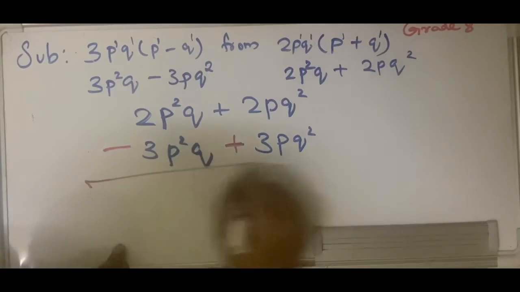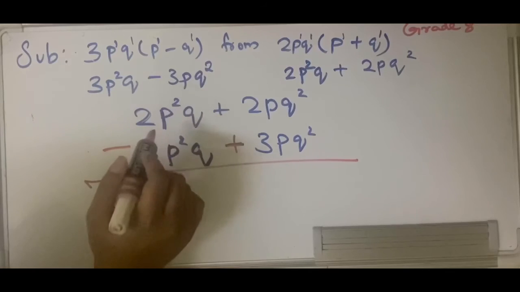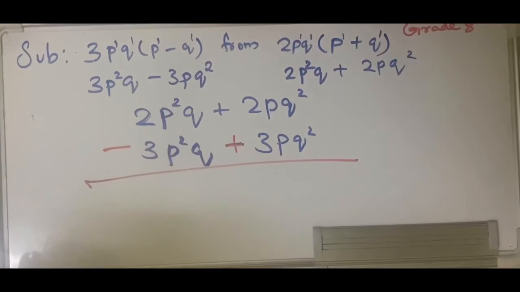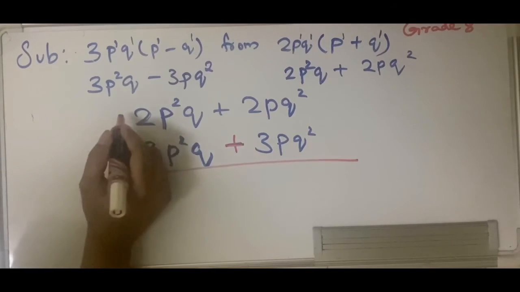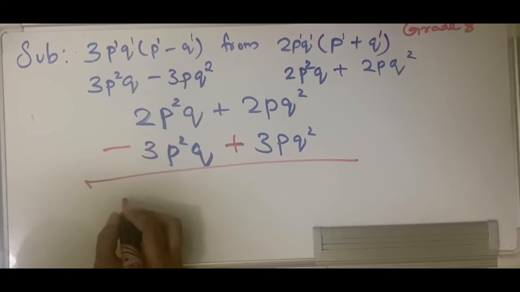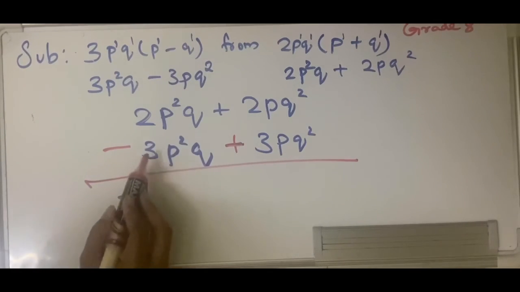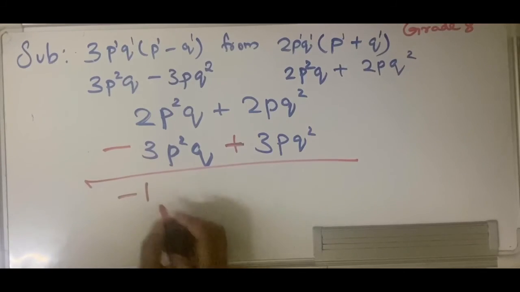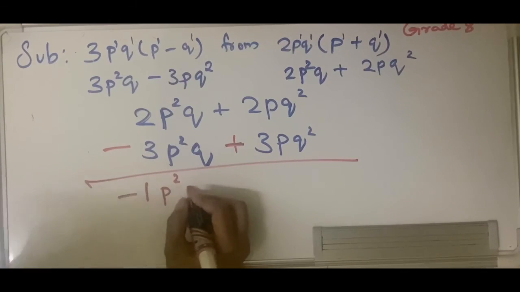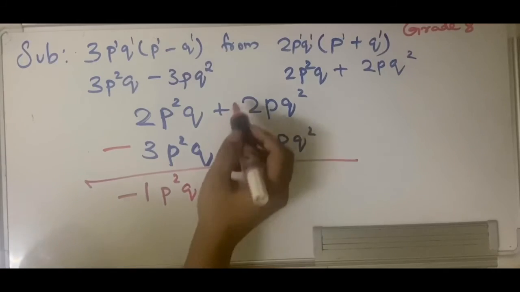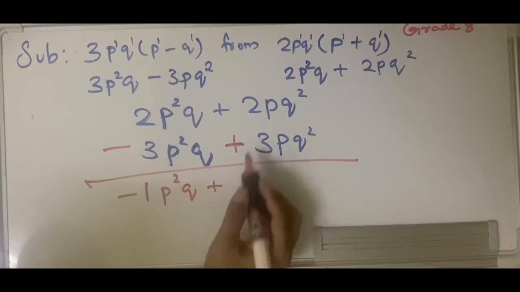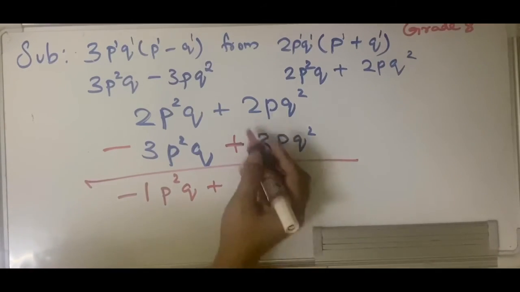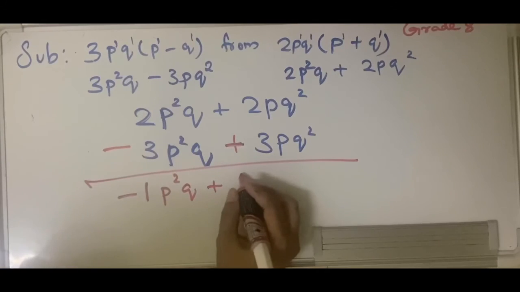Now you solve this, so it will become 2p square q minus 3p square q. So you have a plus 2 minus 3, which is going to give you minus 1, because different sign, do the subtraction, biggest number sign, put for the answer. So basically minus 1 p square q plus 2pq square plus 3pq square. So simply addition, both are the same sign, right?